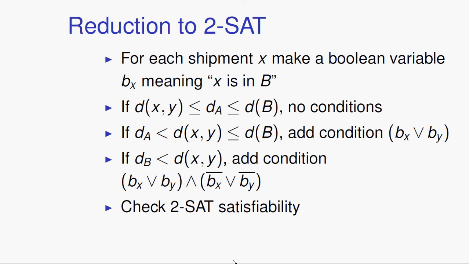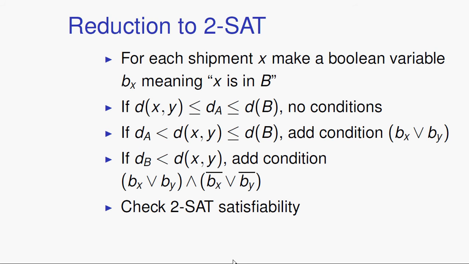And finally, if d of xy is more than dB, we add the condition bx or by and not bx or not by, meaning that one of the shipments X and Y should be in B and another shouldn't be in B and should be in A.